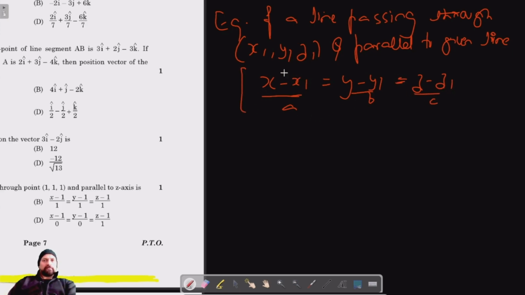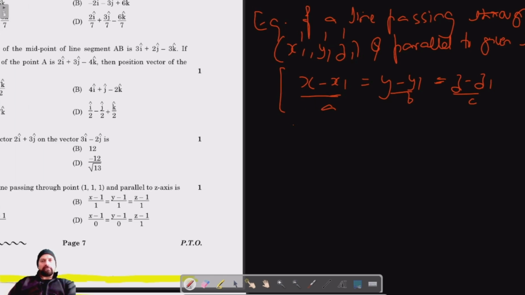We know that the point is 1, 1, 1. So this equation is now (x minus 1) upon a is equal to (y minus 1) upon b is equal to (z minus 1) upon c.